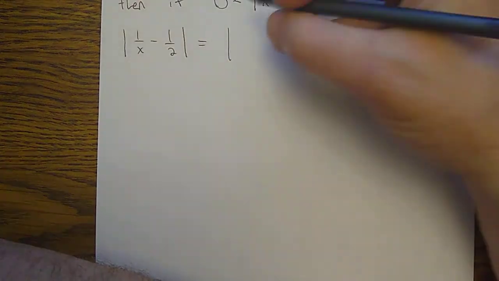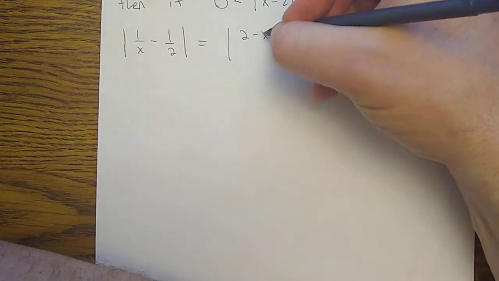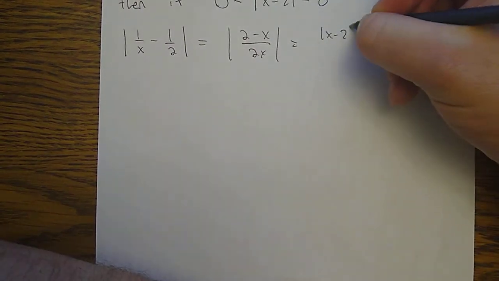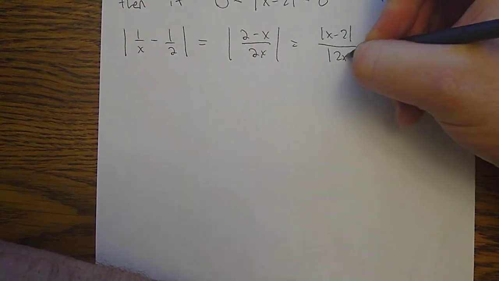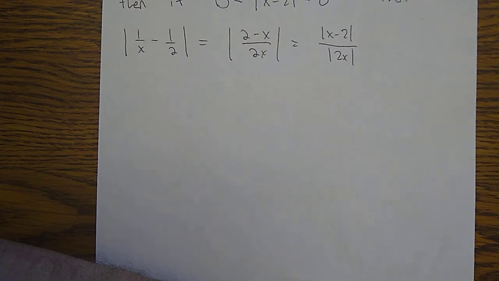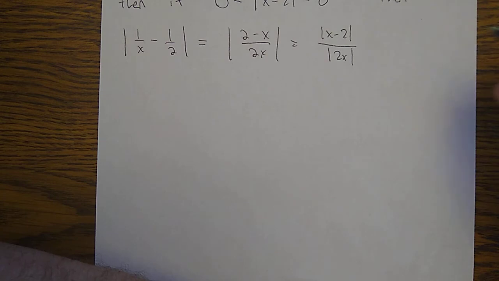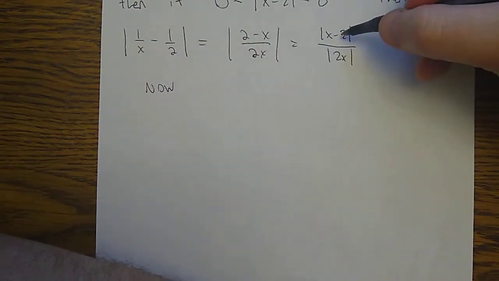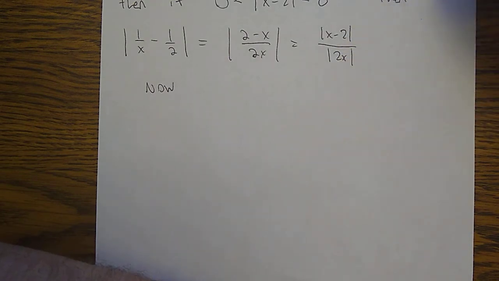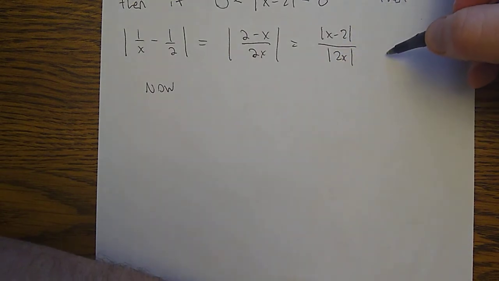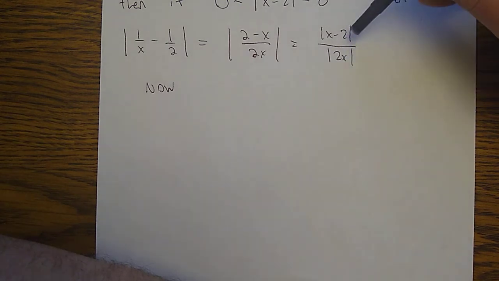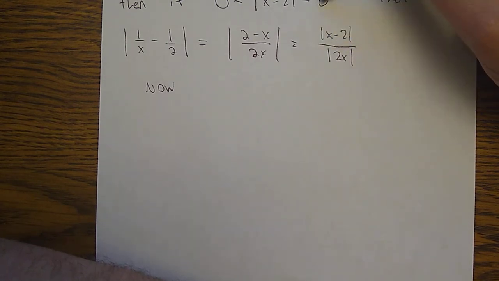This, if I get a common denominator, is that, which is the same as that. Now, I'm at the step where I would like to say this is less than something, and I know I can replace the top with delta.